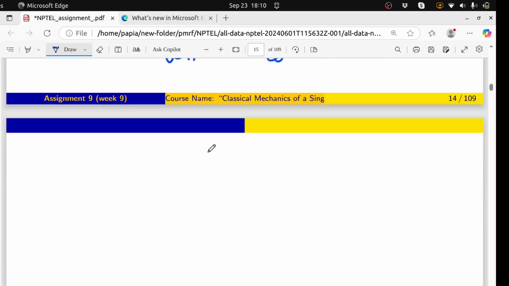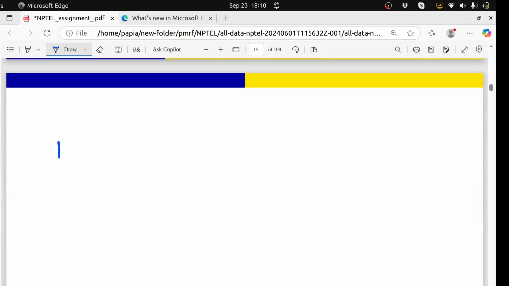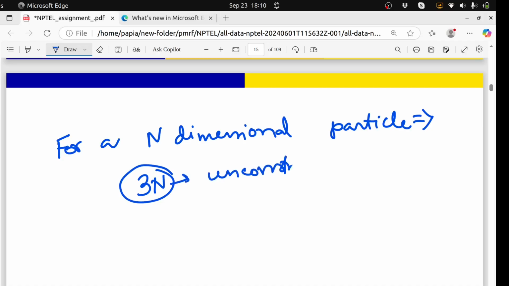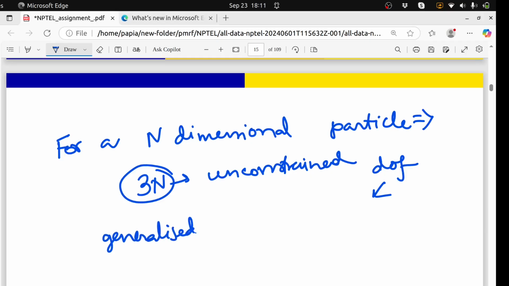So how can we say that? Let's say for an n-dimensional particle, so 3n or something, if it is unconstrained DOF or degrees of freedom, and let's say the generalized coordinates are k in number.